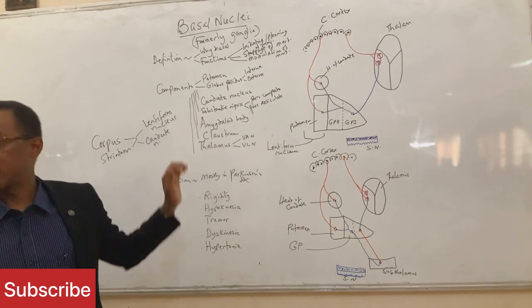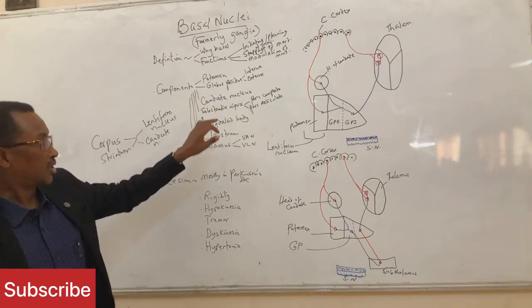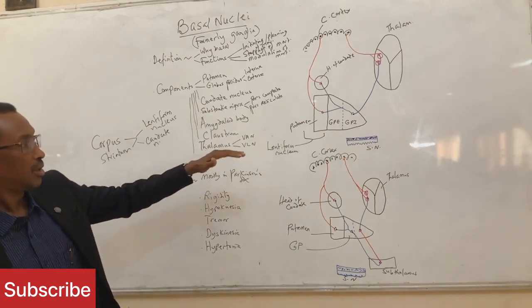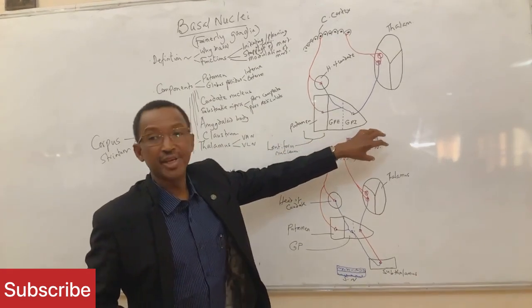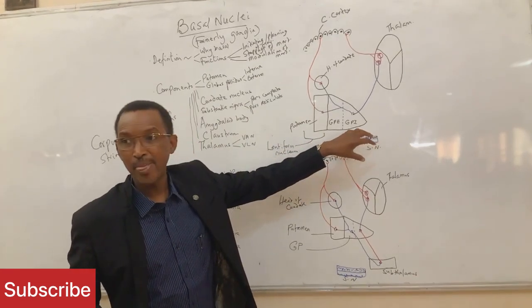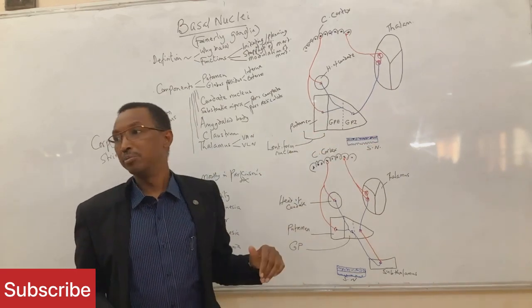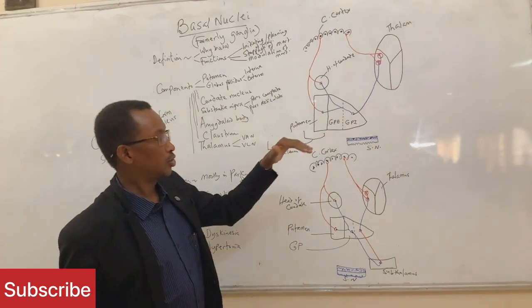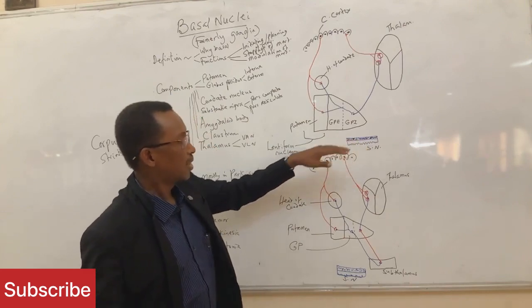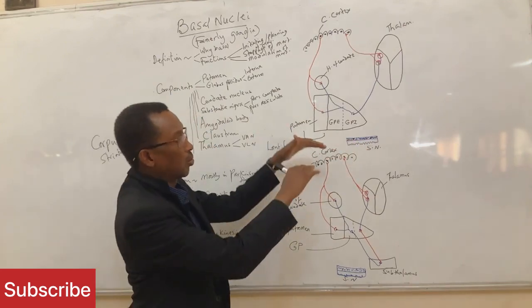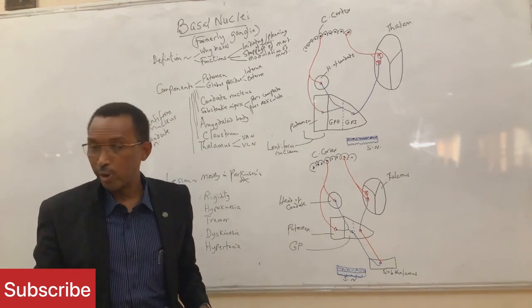Similarly, that's what we call substantia nigra. Substantia nigra is an area containing gray matter at the topmost part of the midbrain, just below the thalamic nuclei on either side.